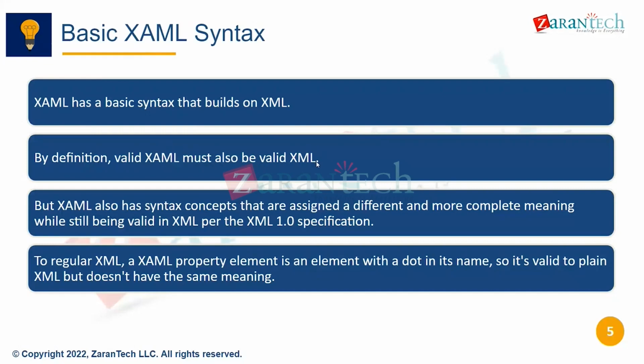If you write something in XAML, it will be perfectly valid XML. So it is a comparison between XAML and XML. Both are the same thing, but XAML is a wrapper on XML, so it has more things.